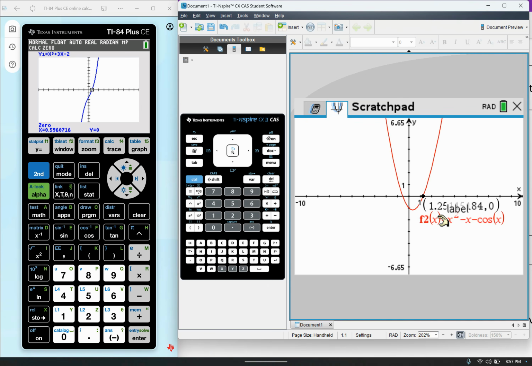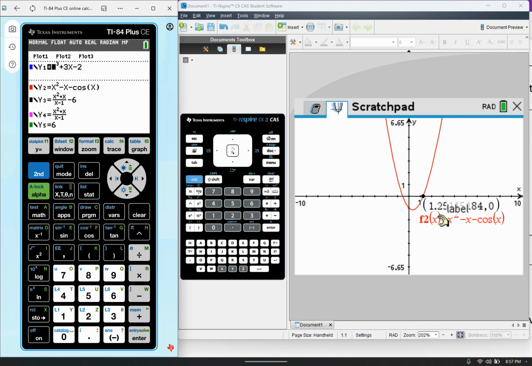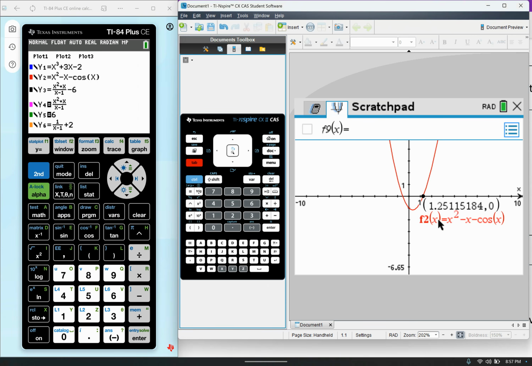Okay. On the 84, I'm going to have to go back through and turn off my equal sign here. I'm just going to go down and take two functions. I'm going to need x squared plus x over x minus 1 and 6. And while you're getting that one set up on your 84, on the Inspire, I'm going to hit the Tab button, get back up here. Whoa, buddy, it's okay.